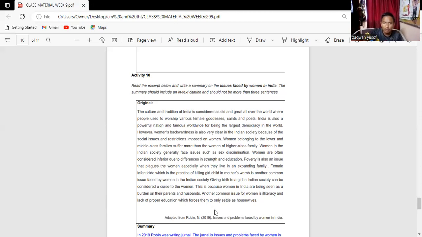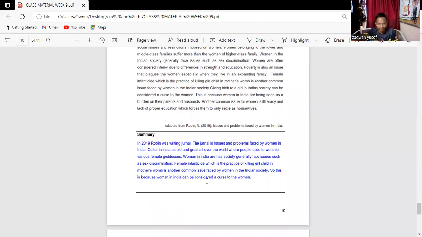This is because women in India are seen as a burden on their parents and husband. Another common issue for women is illiteracy and lack of proper education, which forces them to only settle as housewives.